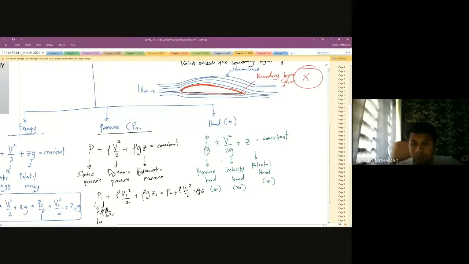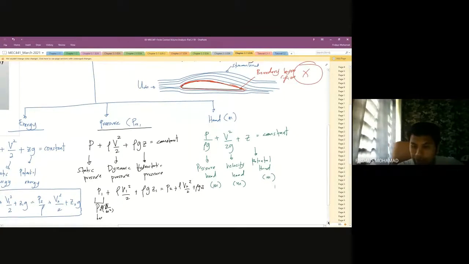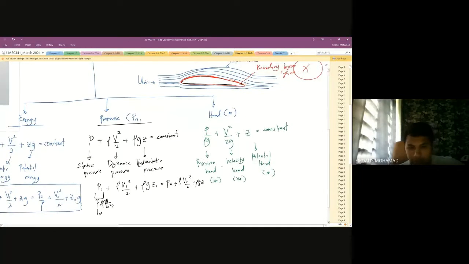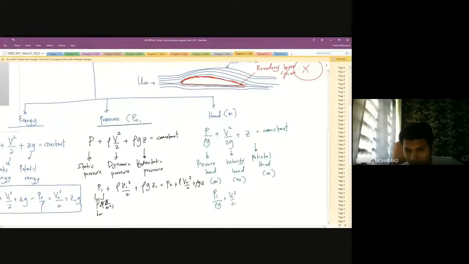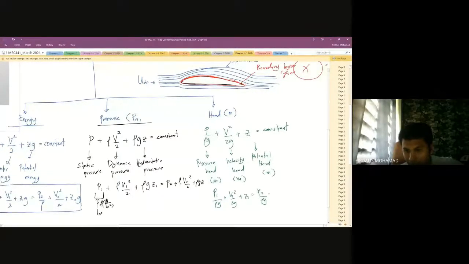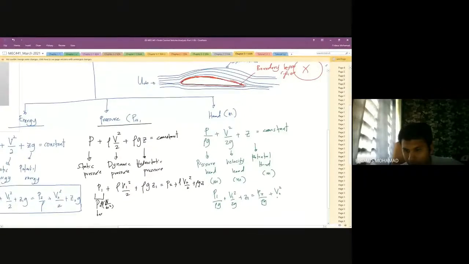Okay, so for the energy balance, maknanya P1 over rho G plus V1 squared over 2G plus Z1 equal to P2 over rho G plus V2 squared over 2G plus Z2.